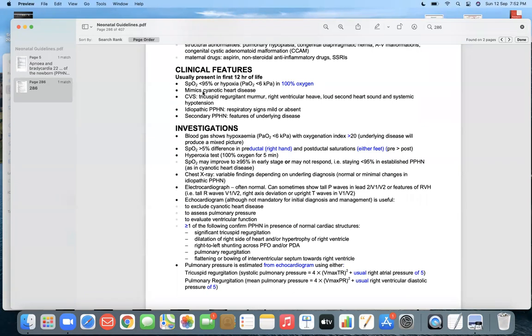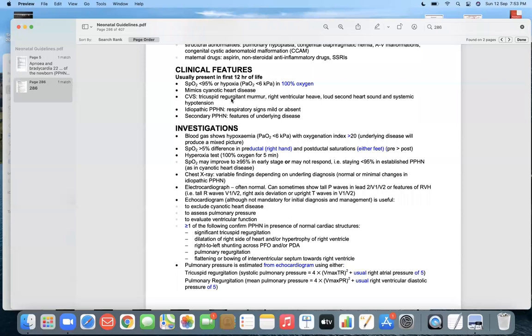SpO2 less than 95% or hypoxia, and PaO2 less than 6 kilopascals in 100% oxygen. So though you are giving 100% oxygen, you will see these values in the ABG, and SpO2 will be less than 95%. It mimics cyanotic heart disease, so you will put both as the differential.